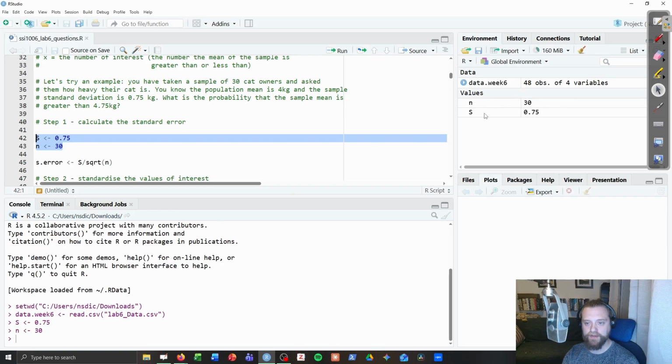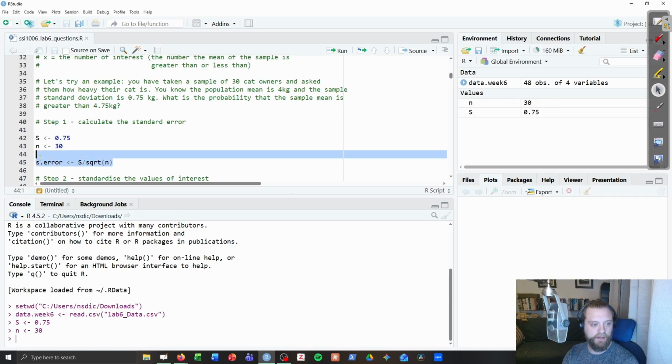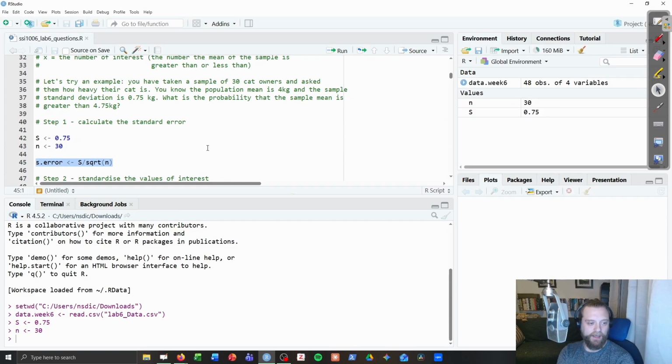So we have an n of 30, standard deviation of 0.75. And the first thing we're going to calculate is what we call the standard error. Now, the standard error is what we get when we divide the standard deviation by the n. So 0.75 divided by 30. That's going to give us the standard error.